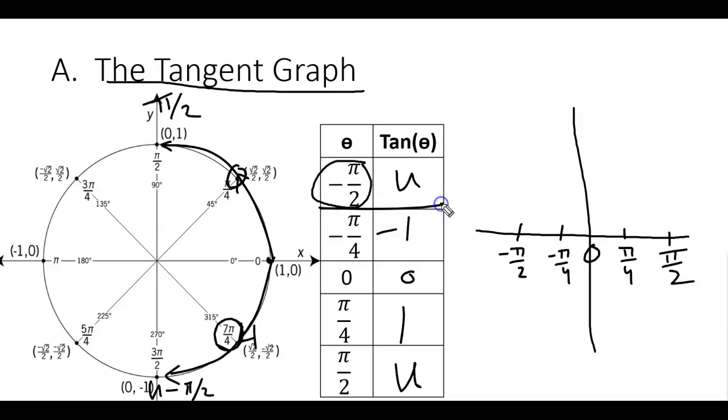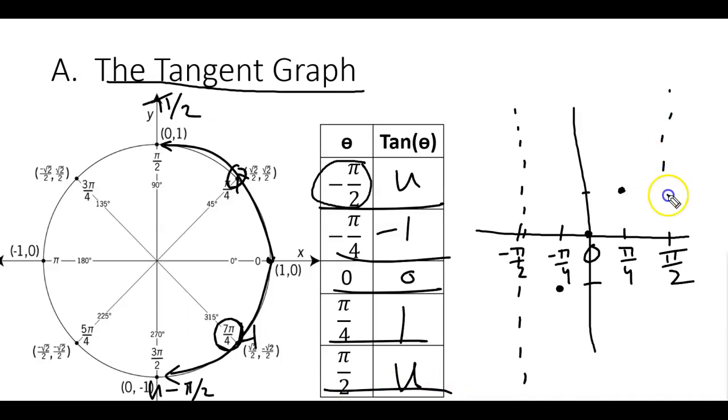The reason is that at that point, the graph can never reach that value, so it's actually got a vertical asymptote there. At negative pi over 4, we reach a negative 1 value. At 0, we're at 0. At pi over 4, we're at 1. It looks like a straight line, but it actually won't be. You'll see in a minute. And the last one, pi over 2, is also another vertical asymptote.